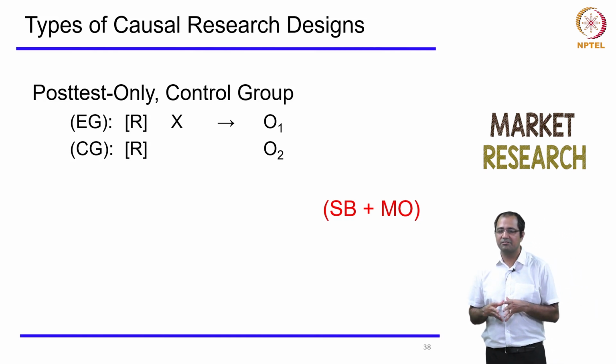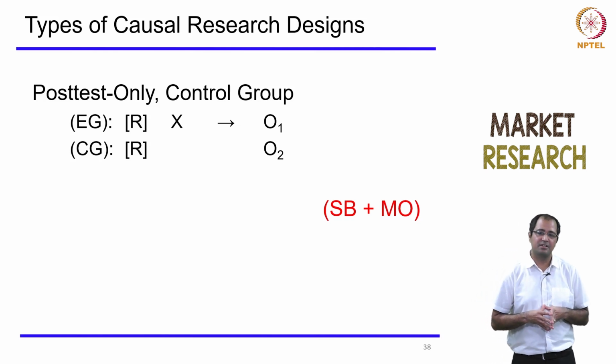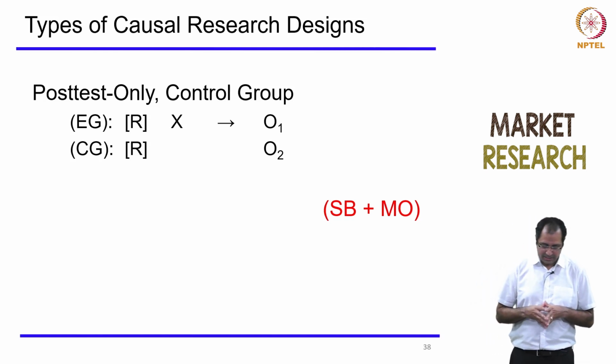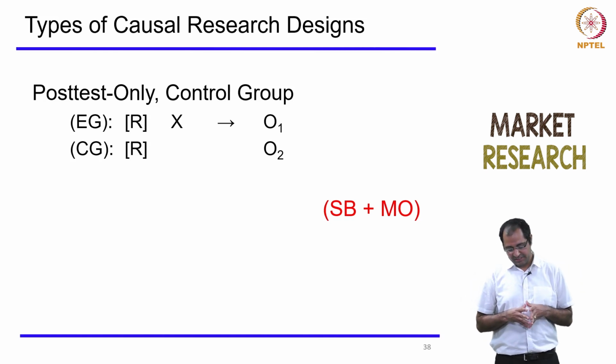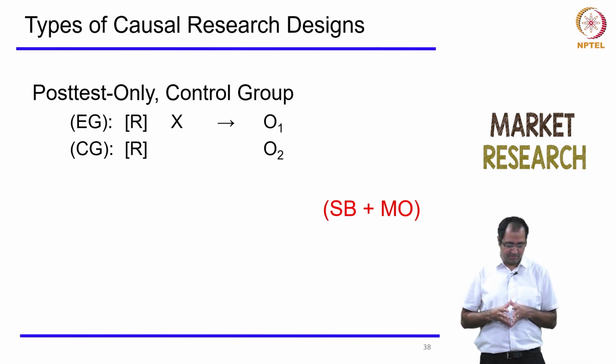Why is selection bias there when randomization is done? Generally, when randomization is done, selection bias is taken care of. Mortality is here because somebody in the experimental group may leave the experiment.